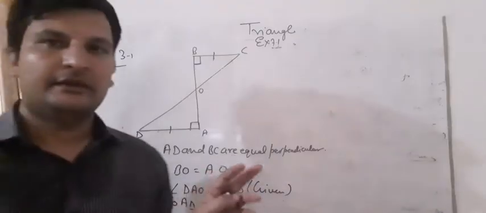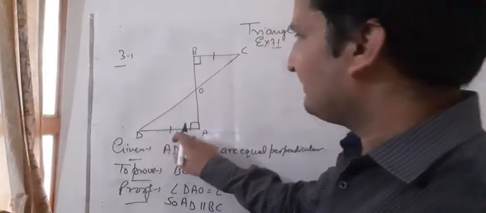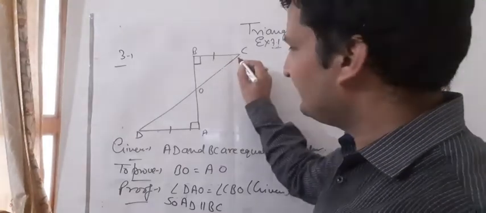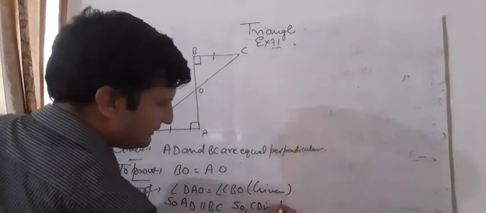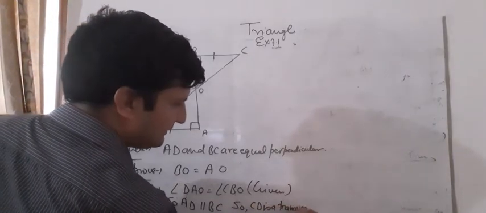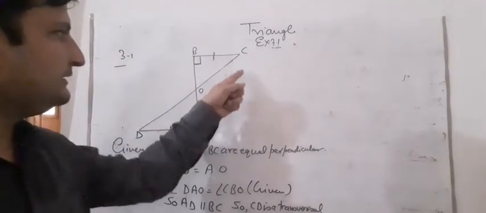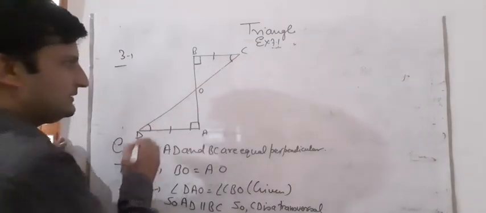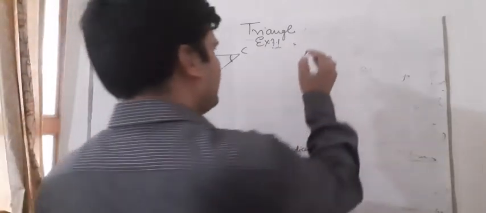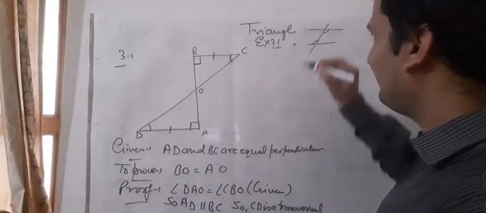Now students, if AD is parallel to BC, then we can say that CD is a transversal. Now if CD is a transversal, we can say that these two angles are equal to each other, because when parallel lines are cut like this, these two angles are called alternate angles.